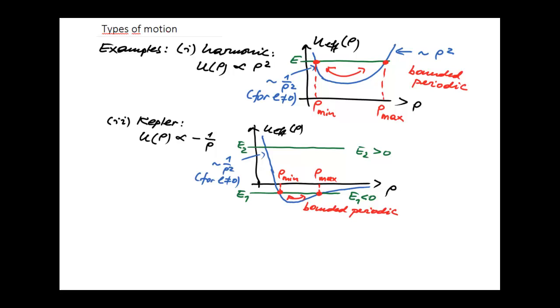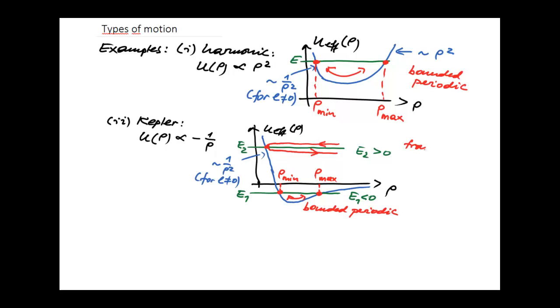You never go below a minimum distance. It's that point here. But you don't have a maximal distance. So what happens here qualitatively is that you come from infinity, you reach that minimal distance, you turn around, and you go back to infinity.